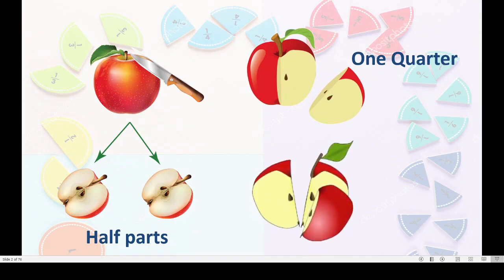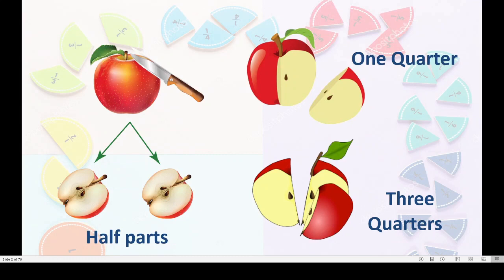Now the rest 3 quarters are called 3/4. This you know and you learnt about this in the first part, that is half, quarter and 3/4, right?